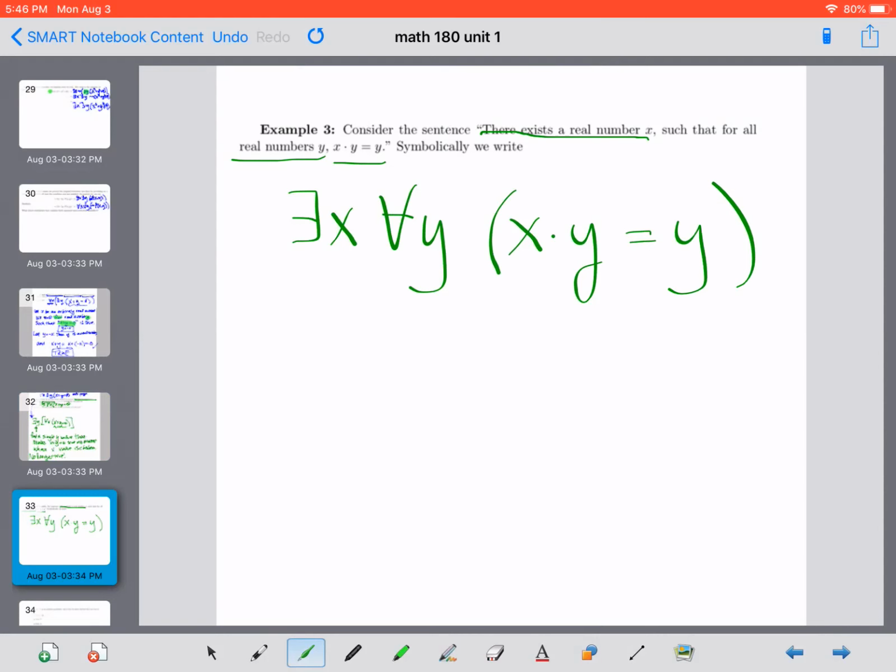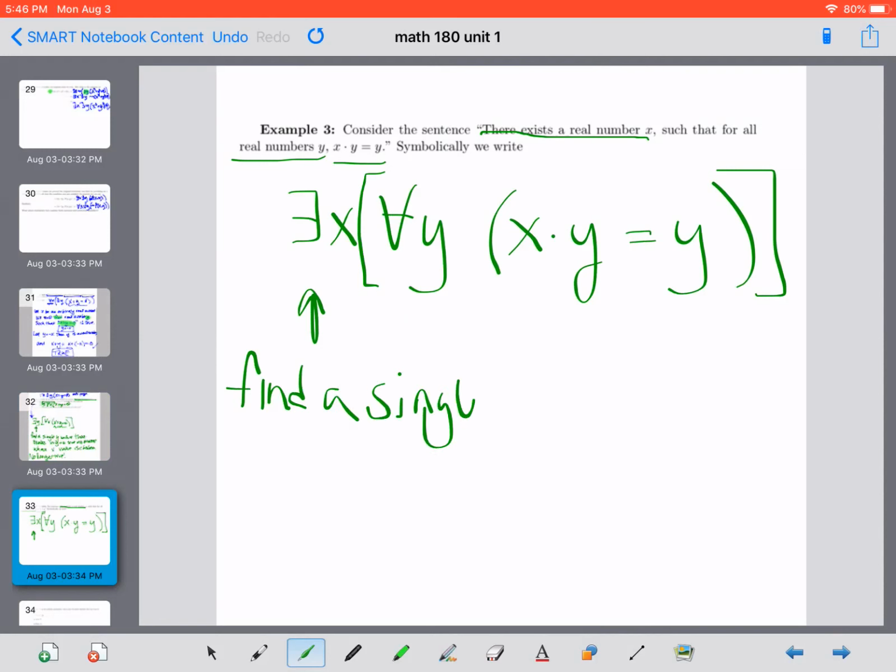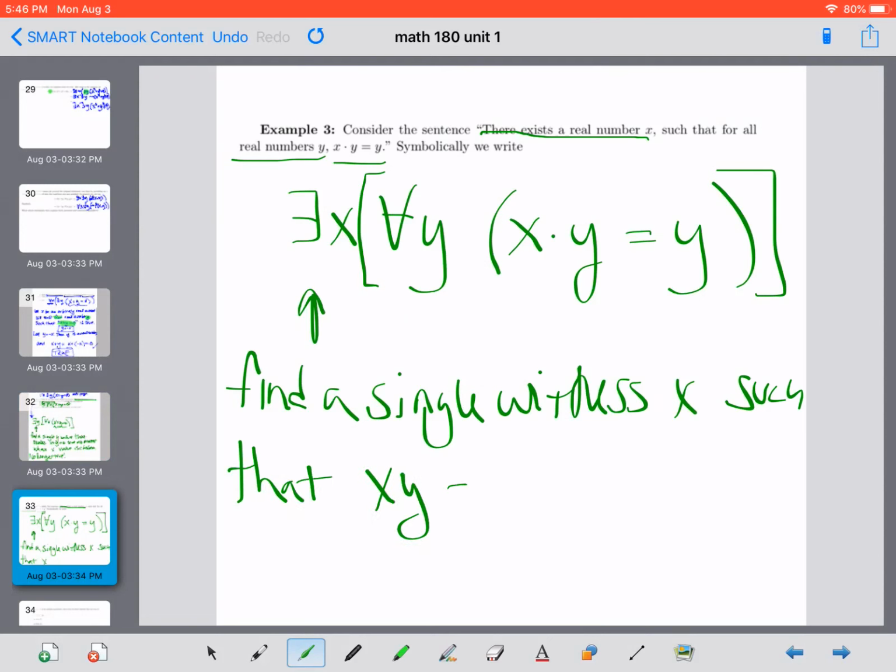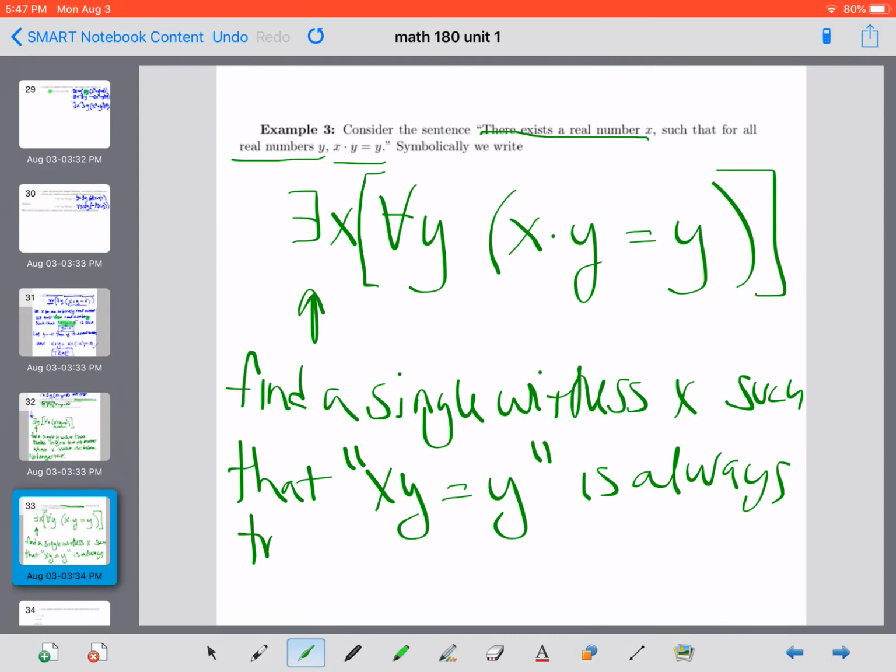Now again, to prove that this is true, we would need to find a single witness, a single x value, such that x times y is equal to y is always true, no matter what y value is chosen.